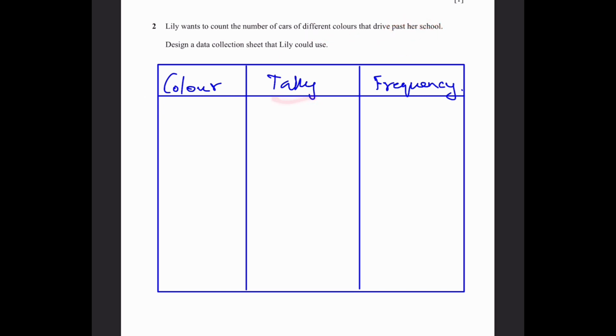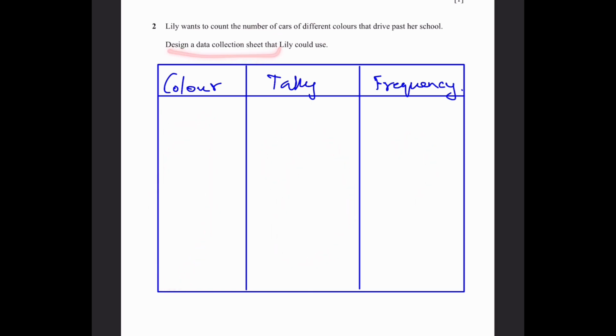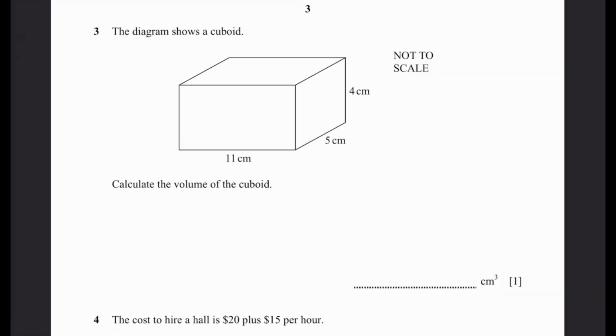The tally is the number of cars, but then in tally form, which means in groups of 5 like this. This is kind of like tally marks. And for frequency, it's just the number of cars in actual numbers. You do not need to fill this in because we're only designing a data collection sheet. We're not having any results. That's the answer.